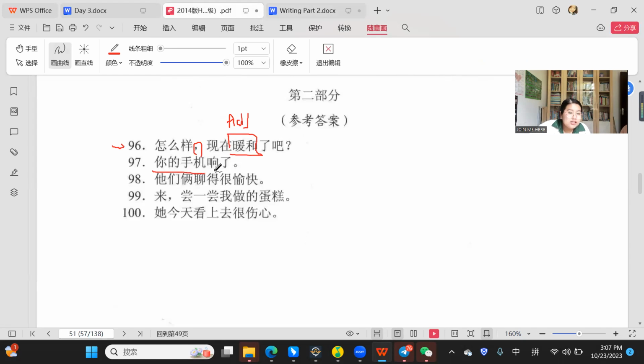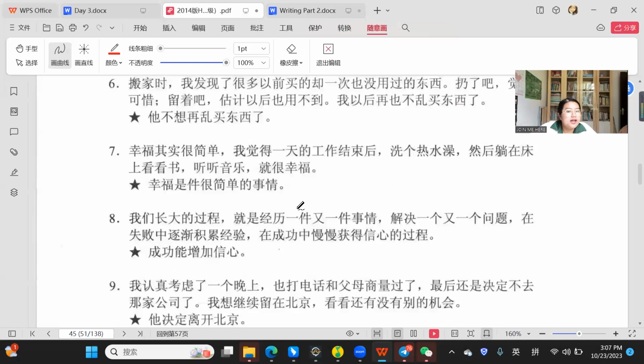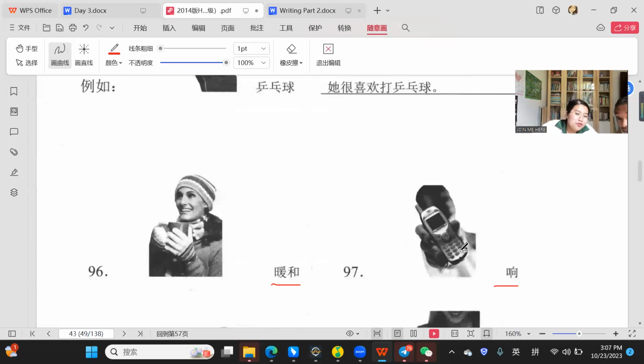And second word is what they are saying. 他的手机响了, but they use the easiest button. They give the 手机, right? Picture of a phone, I guess. In here, they are giving you phone. Yes. And then 响 means this is verb, right?